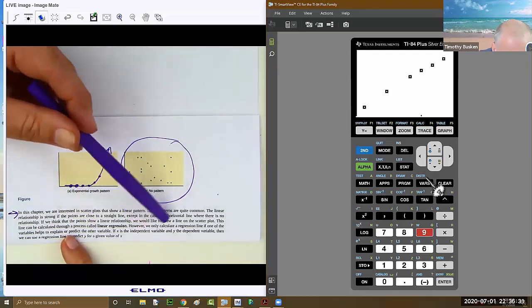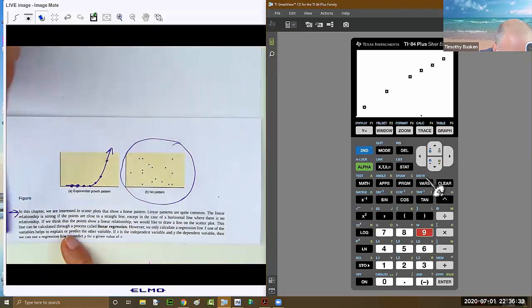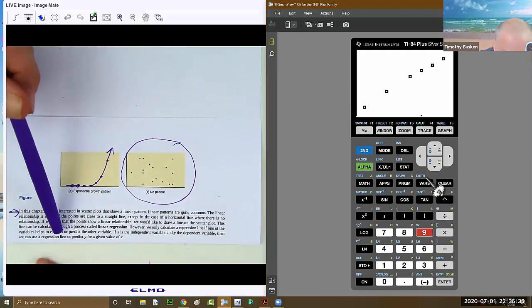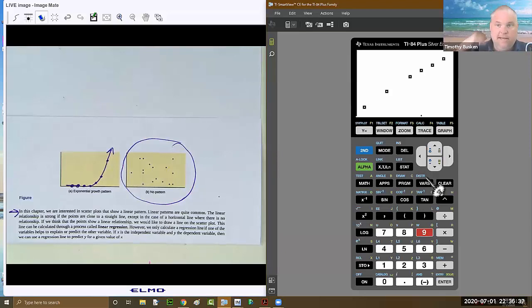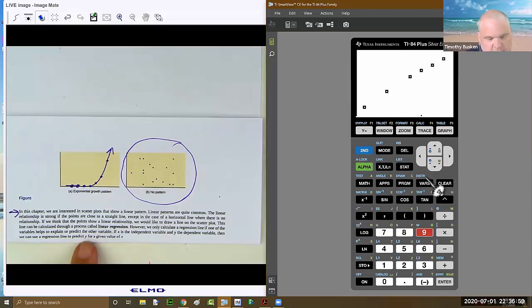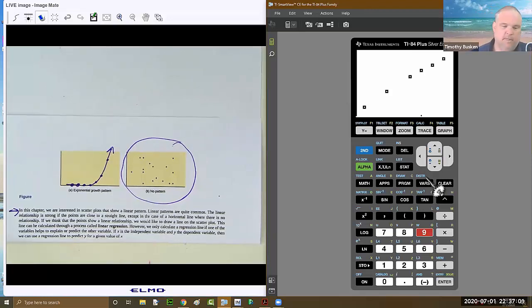However, we only calculate a regression line if one of the variables helps to explain or predict the other variable, or in other words, if we've determined that the linear relationship is significant enough to justify having the best fitting line, right? If all the points are close to the line, then we're going to use the best fitting line, or the regression line equation, to predict a value of Y for a given X value.